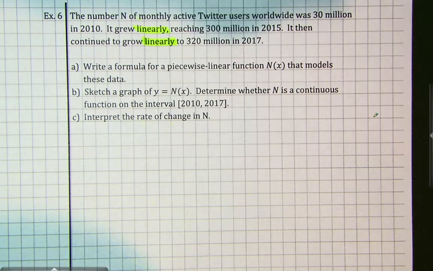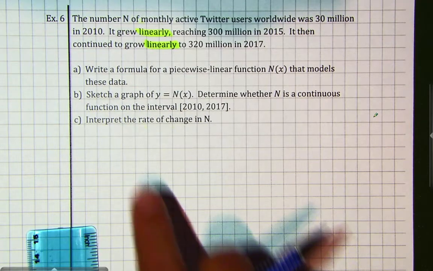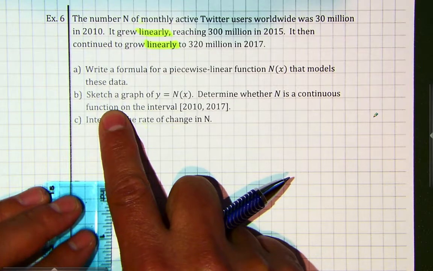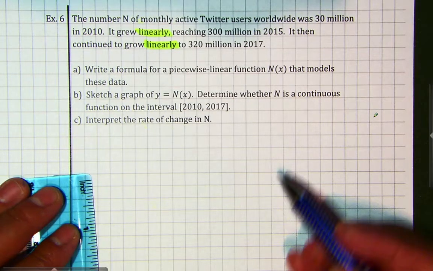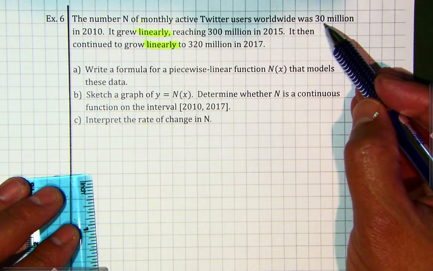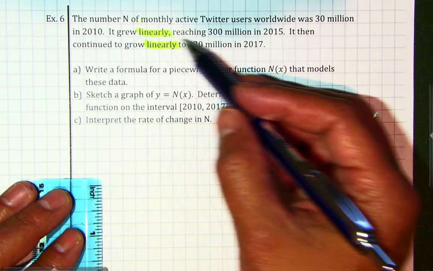So first, let's go and make a graph. I know that we need to sketch it afterwards, but actually I can do it first. We're going to start with 30 million, and that'll be your y-axis, and we're going to get to 320.